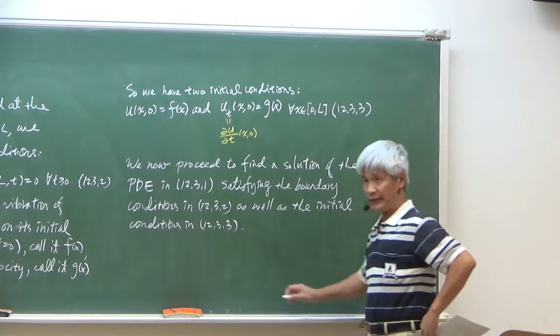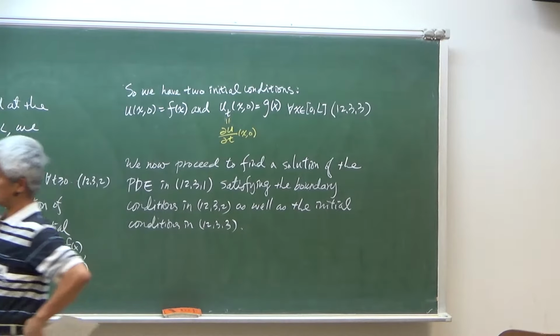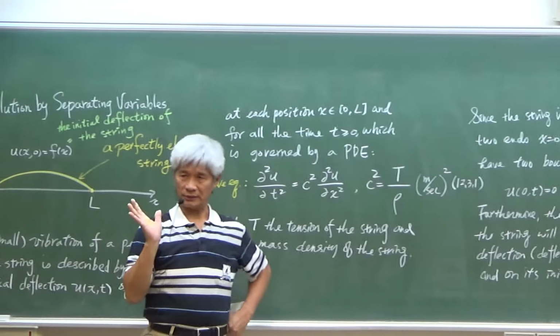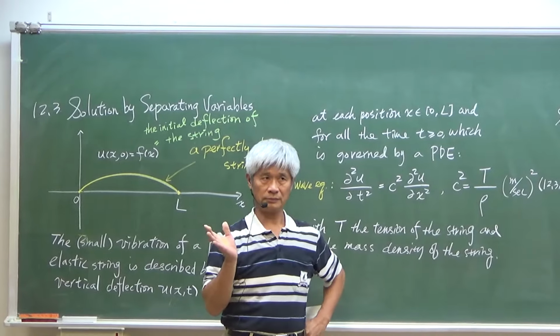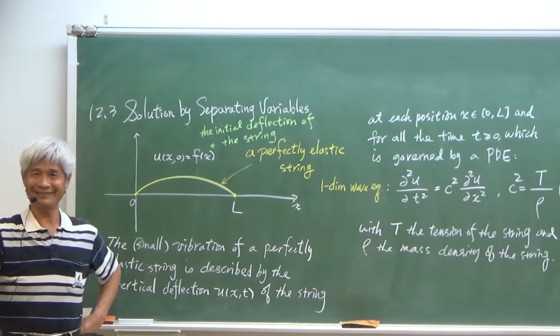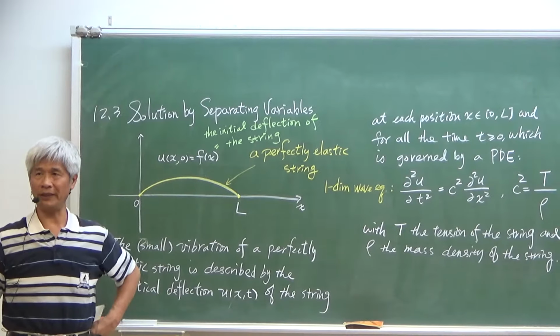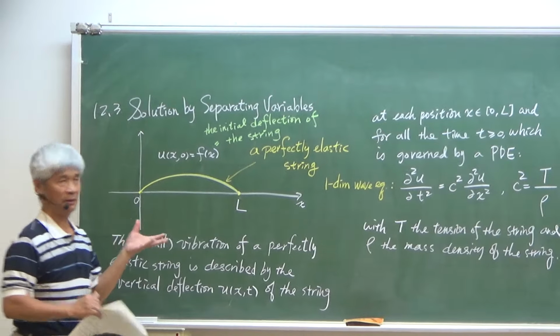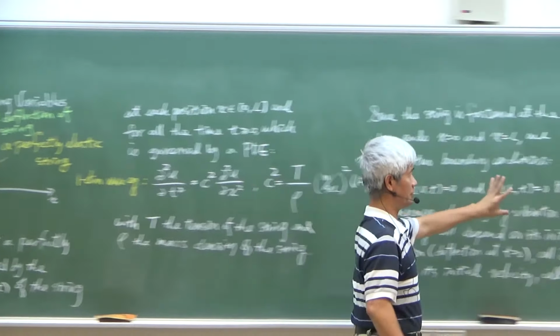Basically, because this is a physical system, you must have a unique solution, because you see the string vibrate in a deterministic way. So there must be a unique solution.